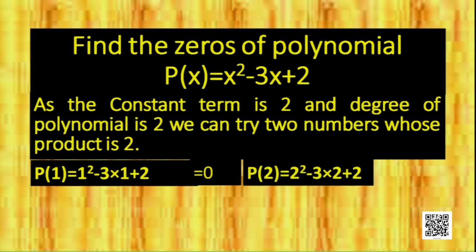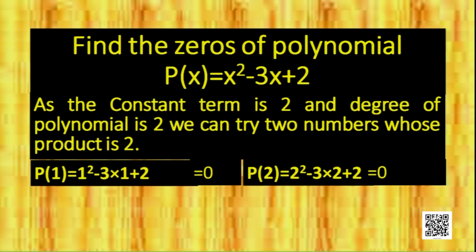Now see, if 1 gives the 0, then we have to try with 2. So 2 square minus 3 into 2 plus 2, this gives 4 minus 6 plus 2, that gives 0. Clearly it shows that this polynomial has two zeros.